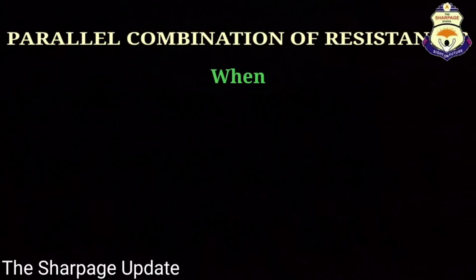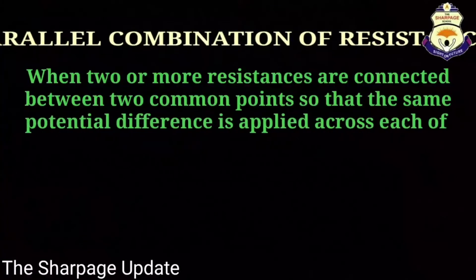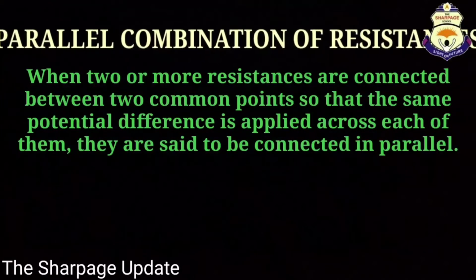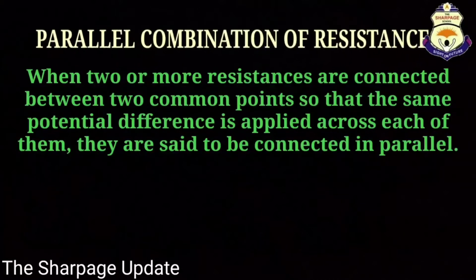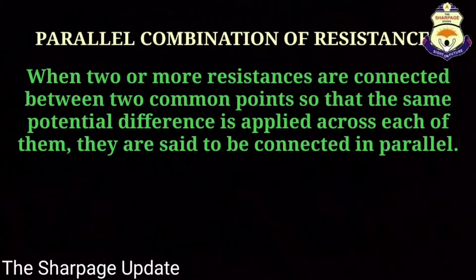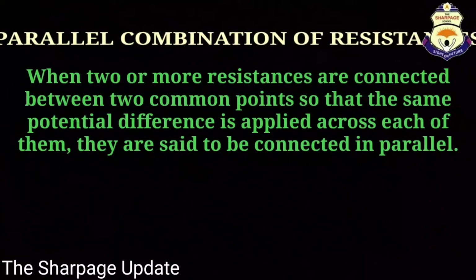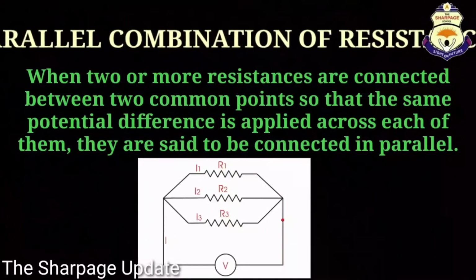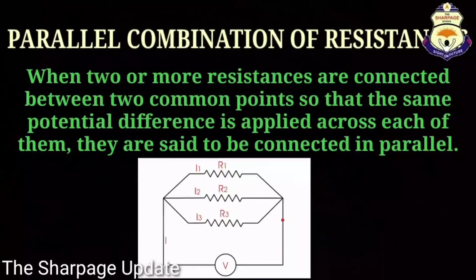Now we will study the parallel combination of resistances. Dear students, when two or more resistances are connected between two common points so that the same potential difference is applied across each of them, then they are said to be connected in parallel.